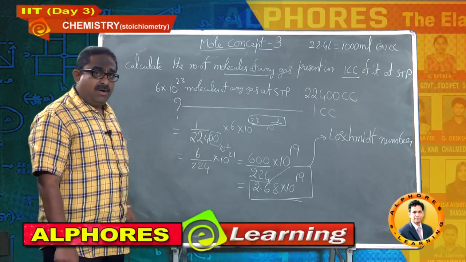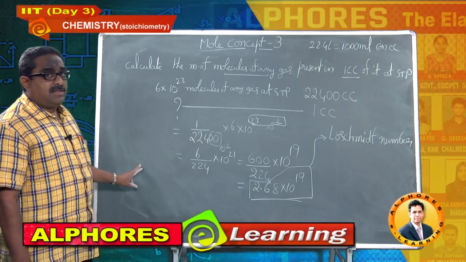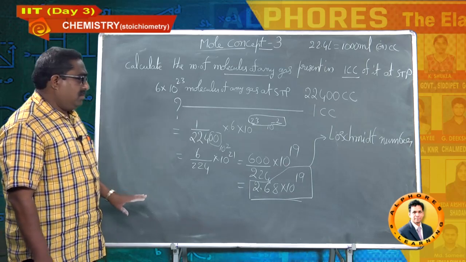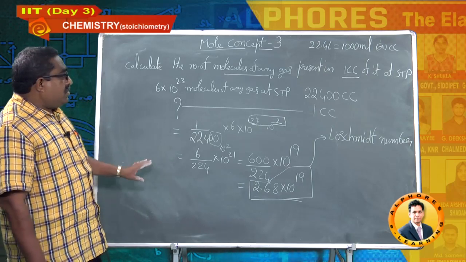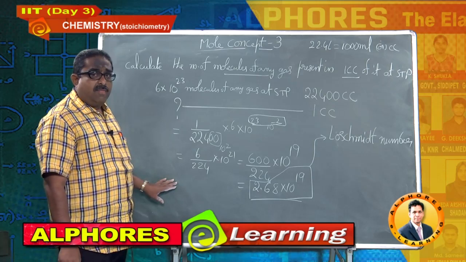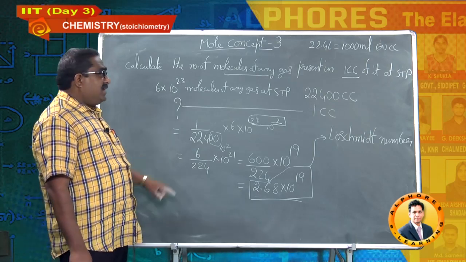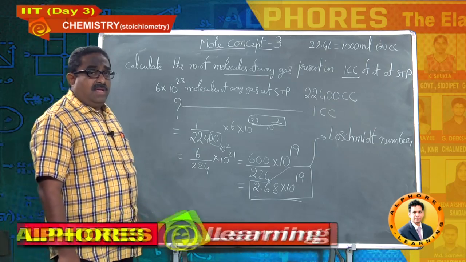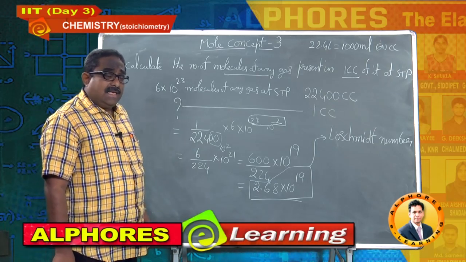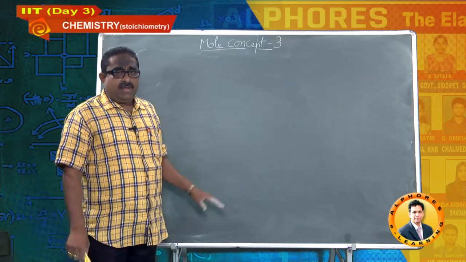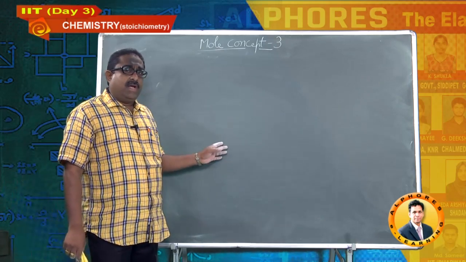Don't forget about that. This particular concept is applicable to only gases, students. So, the Loschmidt number is nothing but the number of molecules that are present in 1 cc of any gas at STP. And with this particular topic, I am going to end today.